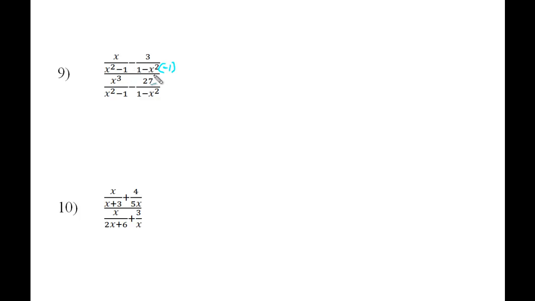And by factoring out a negative 1, I can then move that negative 1 to the subtraction and make it plus. So this becomes x squared minus 1, and that becomes a plus. If I factor out a negative 1, do the same thing here, this becomes x squared minus 1.